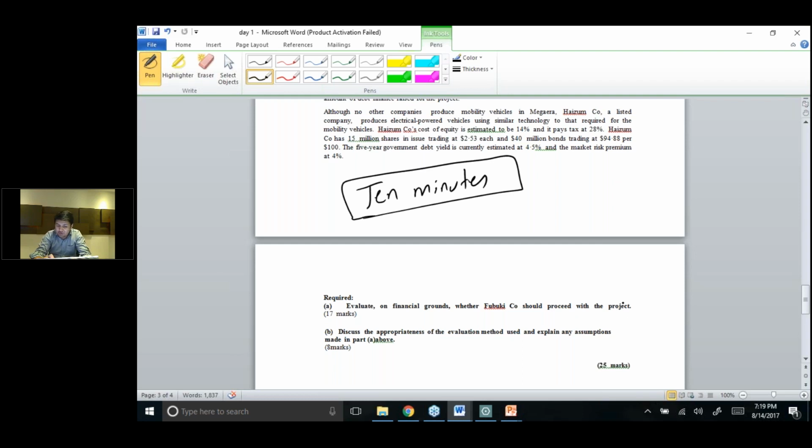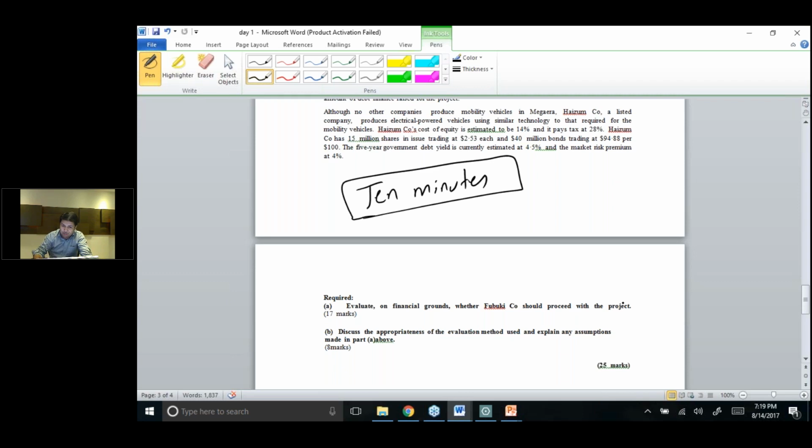That means you can solve it even with the NPV or with APV. Question is silent. There is no specific requirement that you should solve it with the APV. You have to decide by using your knowledge and the scenario information that you are going to use the APV method.